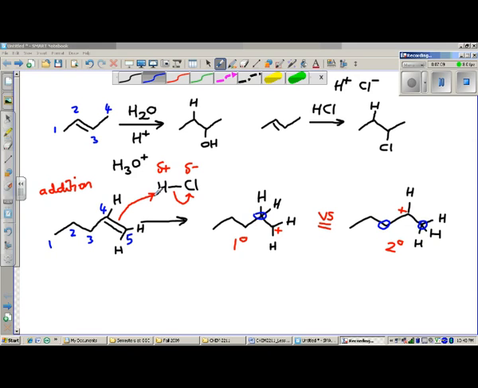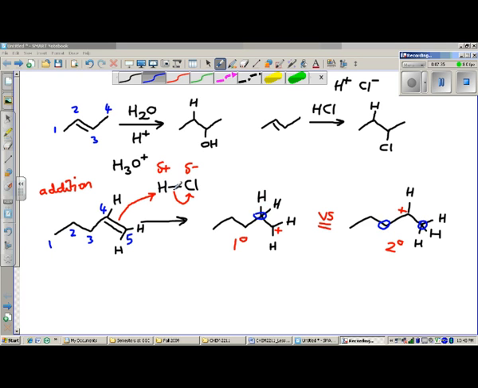One way to describe what Markovnikov's rule says is that when you have an unsymmetrical double bond, the hydrogen adds to the carbon that already bears the larger number of hydrogens. Therefore, according to that statement, with 2 hydrogens here and 1 hydrogen here, this hydrogen should add to carbon number 5, and that's what we see. That's a more stable product.